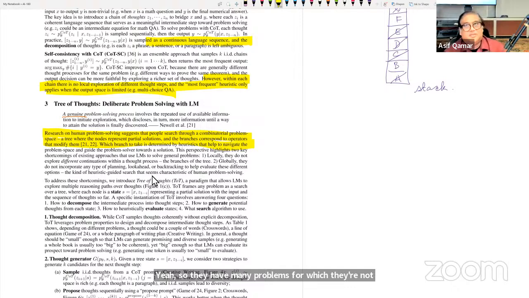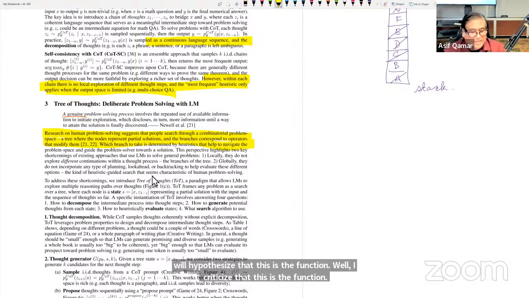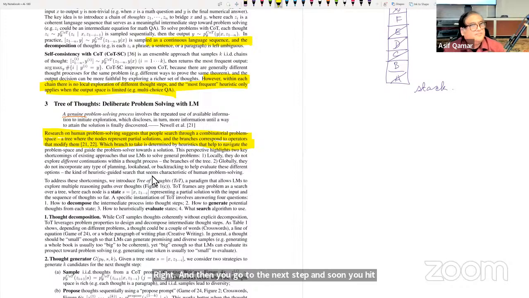Let's take this approach, we will use perturbation theory. We will hypothesize that this is the function. We'll hypothesize that this is the function. Then you go to the next step and soon you hit a roadblock and start coming back. But you have multiple hypotheses.